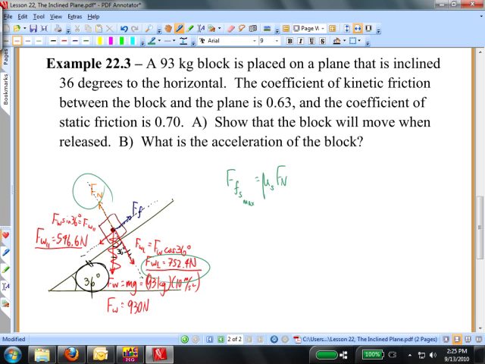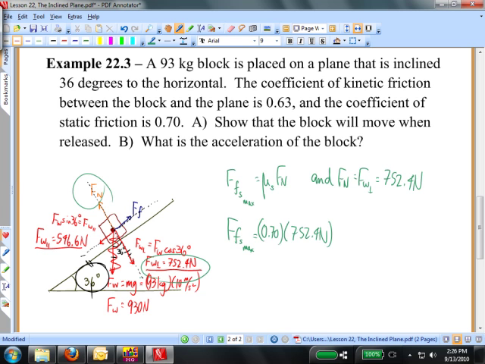So I can read off my force diagram and see that the normal force in this particular problem is 752.4 newtons. So I can say that the frictional force is going to be the static coefficient of friction times that number.